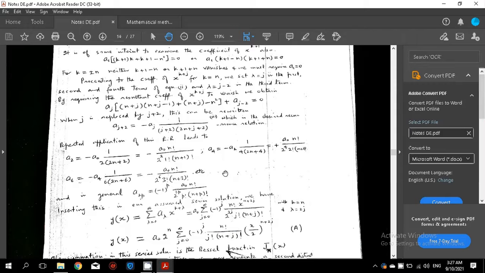But this solution, which is a constant multiplier of the first solution, is in fact linearly dependent on the first solution and is not acceptable. So we would require the second solution in the form of a certain function multiplied by the first solution. That will be the second solution.